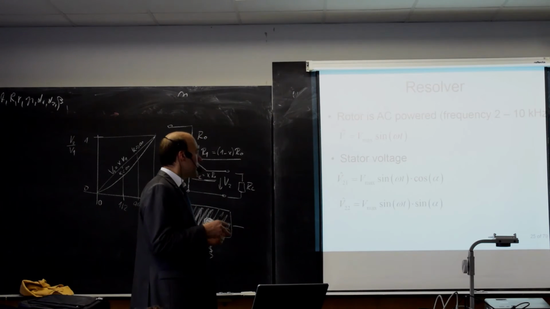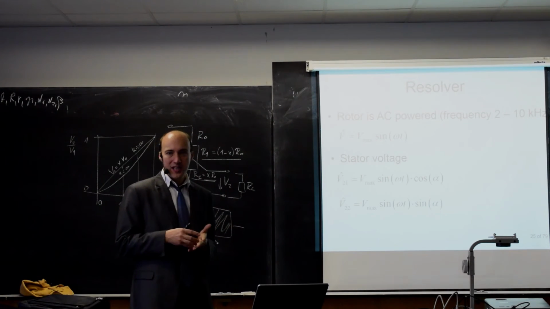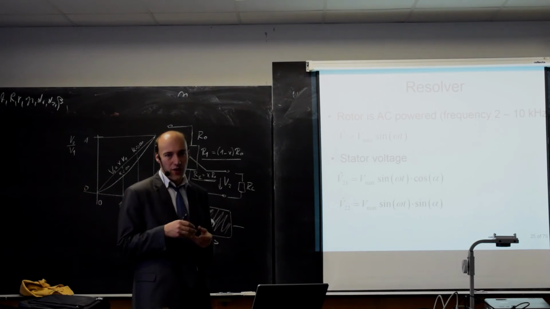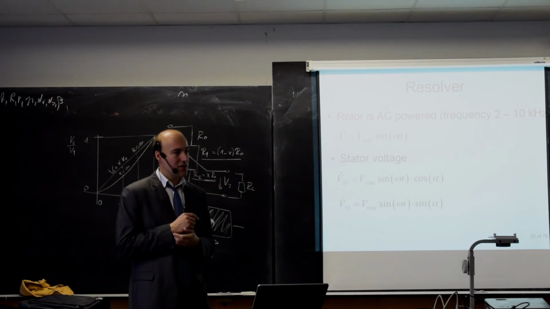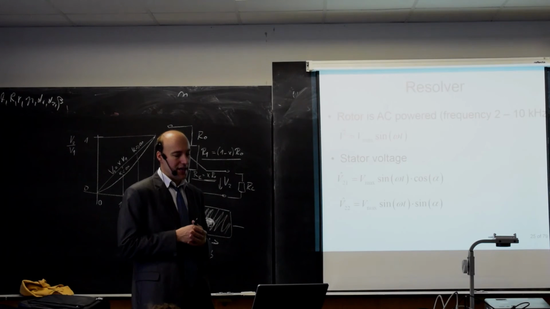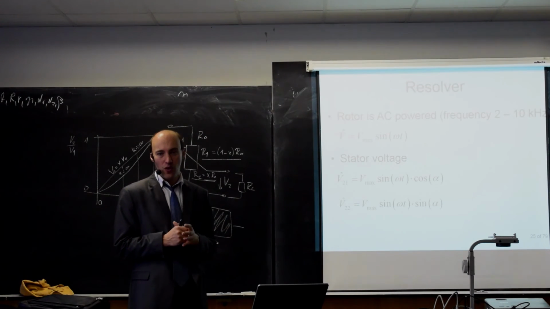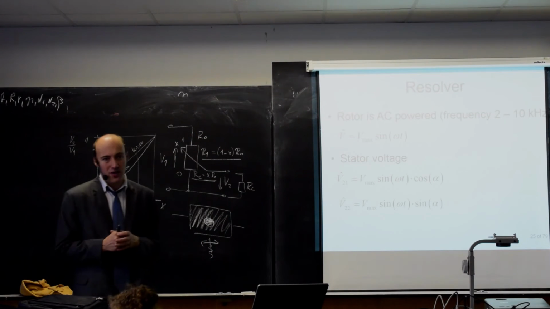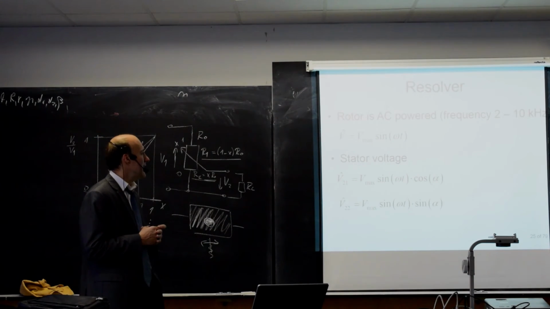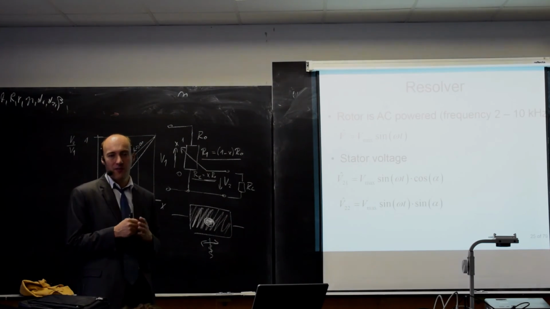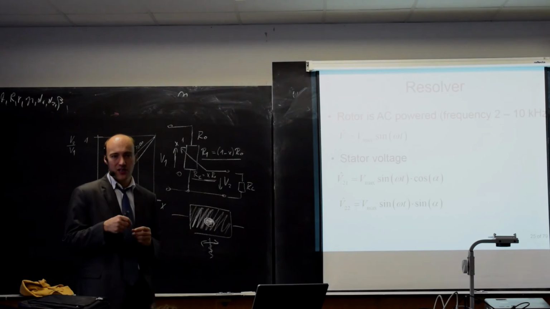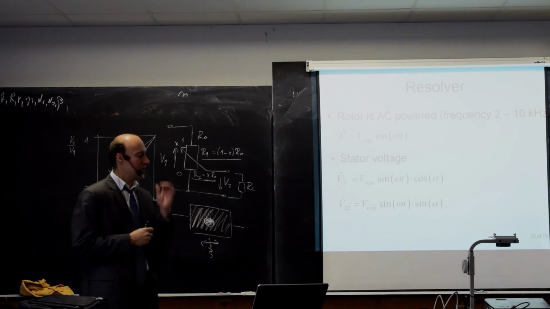So we are again not using AC 50 Hz or AC 60 Hz. We are using higher frequencies simply because if you use higher frequencies, the machine will become smaller. You need less iron for higher frequencies, and we are not transferring any power here. So we are using these high frequencies, and the sensor then is small.